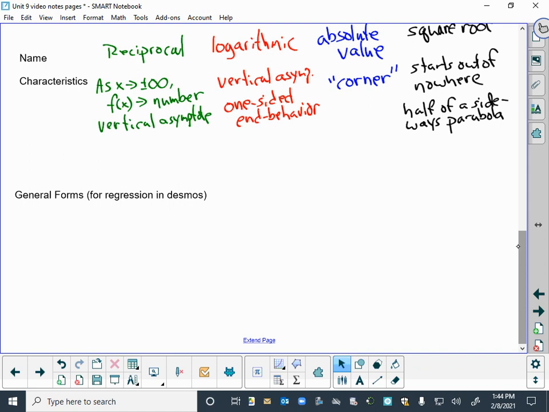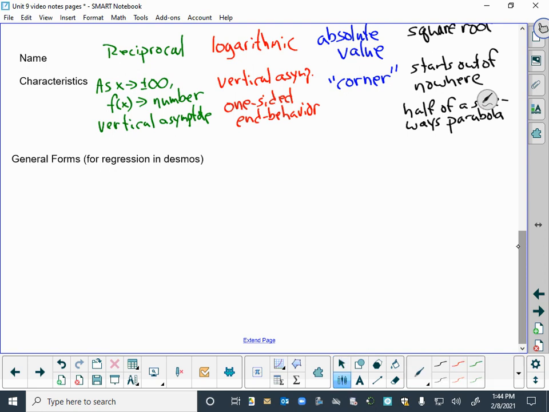So once we've identified the parent function, we've maybe got some points to work with. How do we come up with an equation for it? Well, we've got to know something about our general forms. If I recognize whatever my parent function is, I typically can get away with saying I'm going to have some kind of vertical stretch as a possibility.